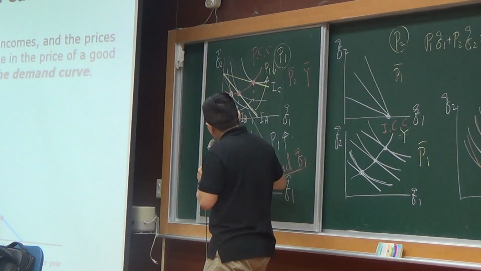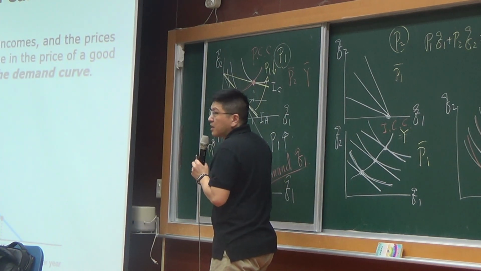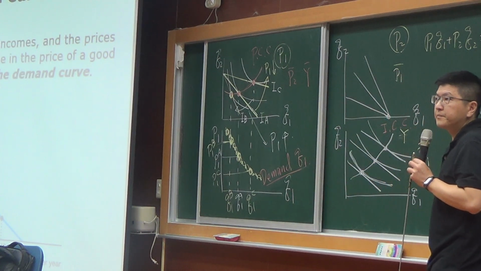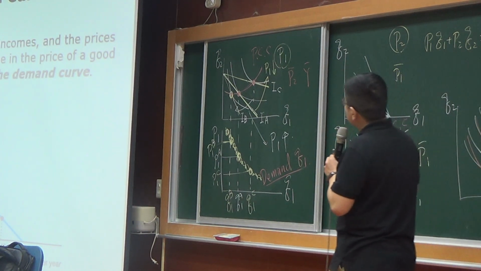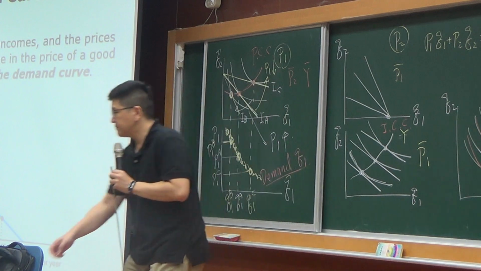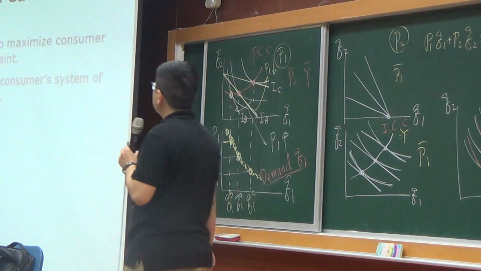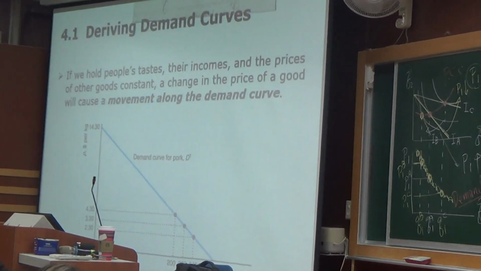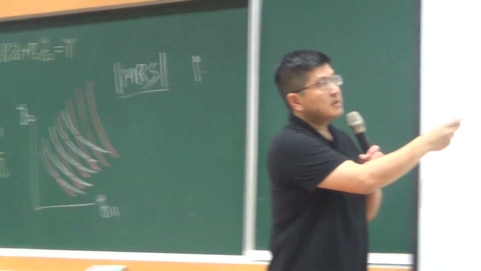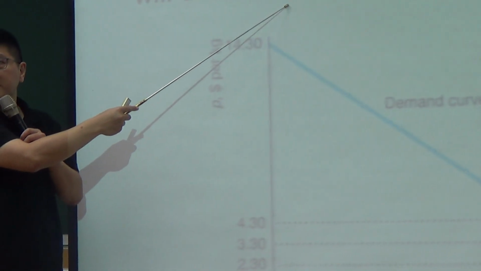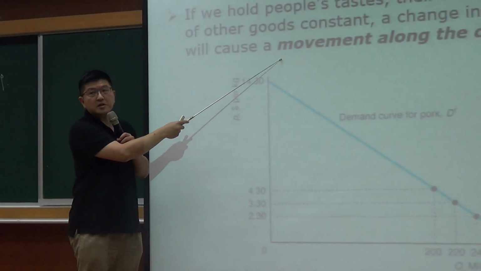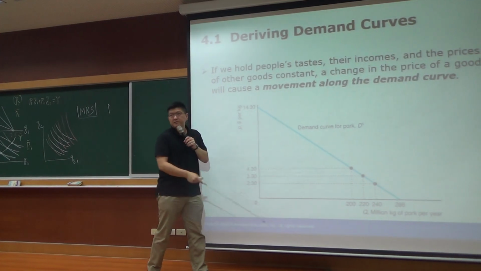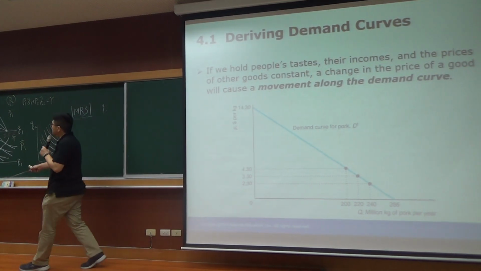So it's a point moving along this demand curve. So get the points of this statement, a movement along the demand curve. So we may derive the demand curve using this approach.